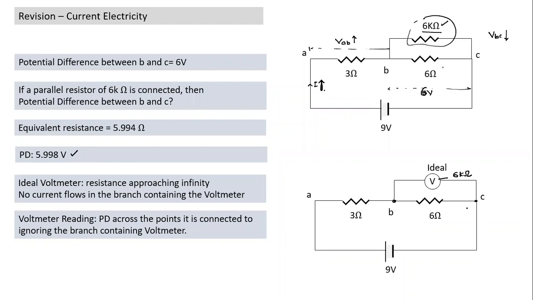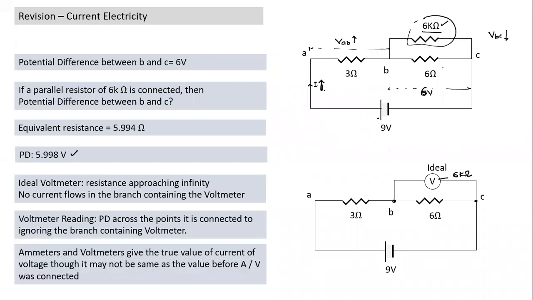It measures the correct value, but this value is not the same as it was before the voltmeter was connected. So whenever voltmeters and ammeters are there, we always assume they show the correct reading for the circuit they are connected in. Ammeter and voltmeter give the true value of current or voltage, though it may not be the same as the value before the ammeter or voltmeter was connected.